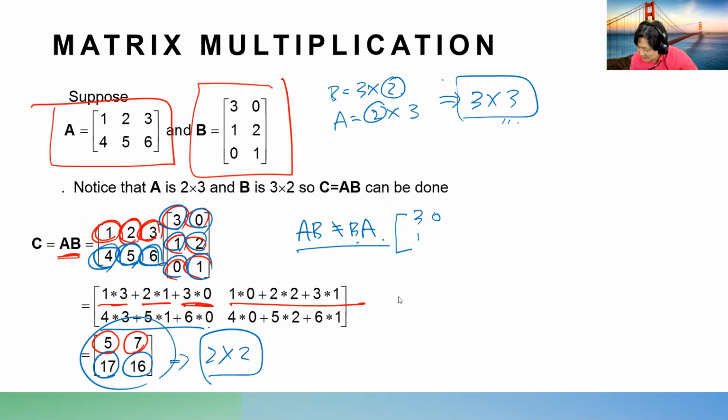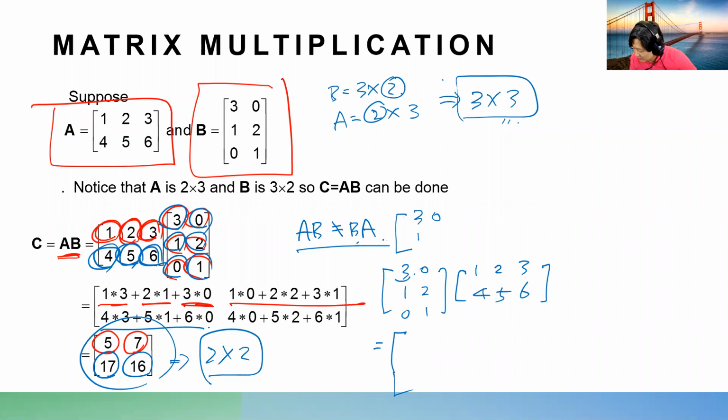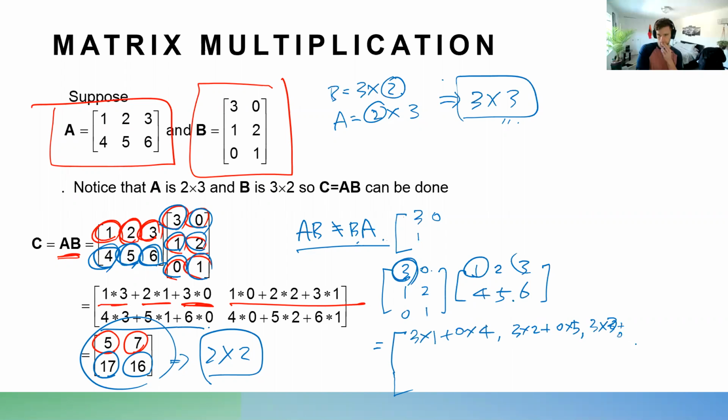So let's do that. B is 3, 0, 1, 2, 1, 0, times A, which is 1, 2, 3, 4, 5, 6. The first row will be 3 times 1 plus 0 times 4, and 3 times 2 plus 0 times 5, and 3 times 3 plus 0 times 6.